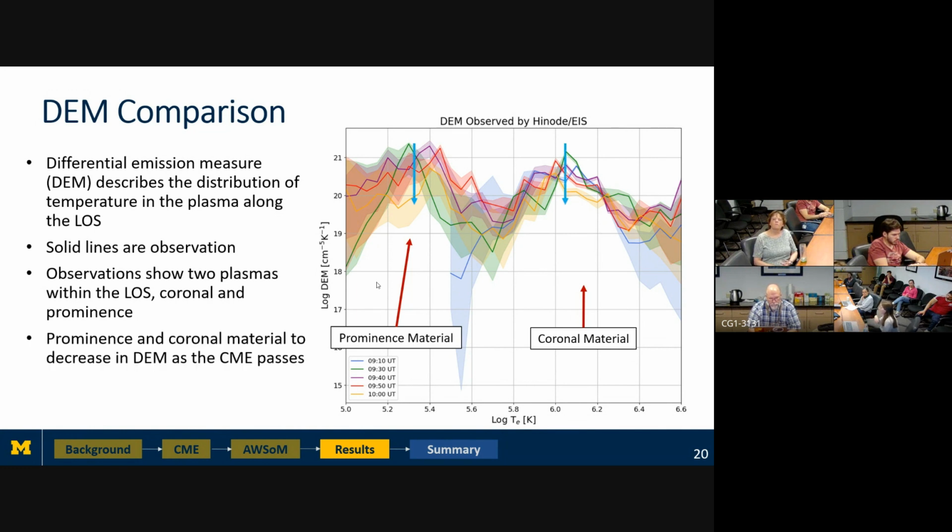We also see that both the prominence and the coronal material decrease in the DEM as the CME passes, because it goes from this green line to the purple to the red and then to this yellow-orange color. And we interpret that, there are a few ways we can say this. The first can be, oh, we just see less material in the slit. The CME is expanding outwards. There's just less stuff, which definitely makes sense.